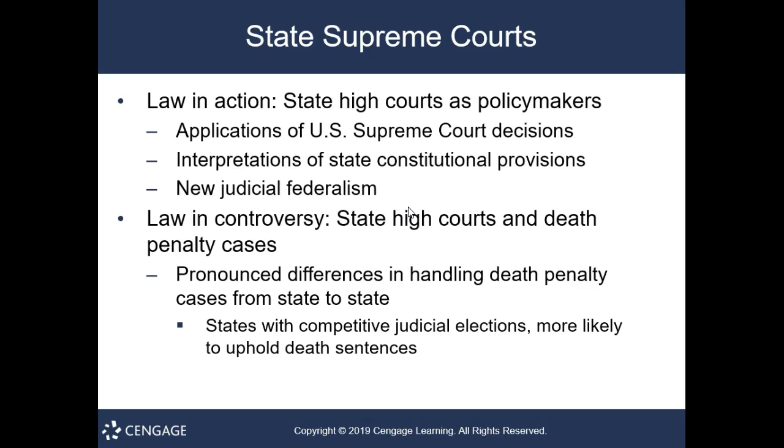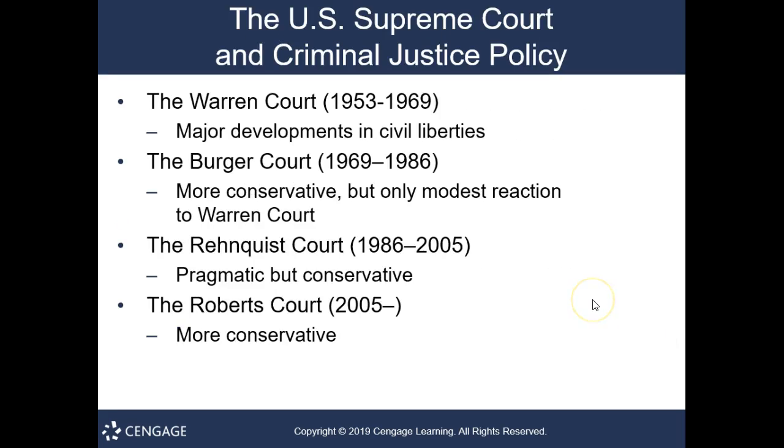They can basically not care too much about what other people think about their decisions. That's not true in the states. Almost every state has competitive judicial elections, and so to not uphold the death penalty is to give the media an opportunity to come in and jam you for not being tough on crime, even if it's the right thing to do.